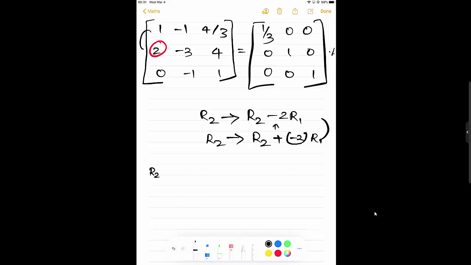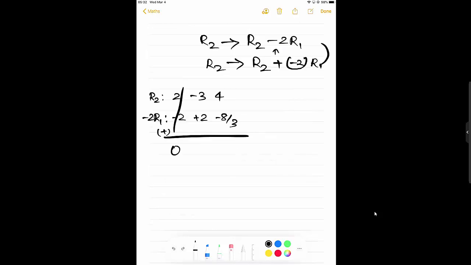So R2 means 2 minus 3, 4 minus 2R1, that is multiplying with minus 2 to the first row, then minus 2 plus 2, then minus 8 by 3. So you're going to do the addition. First value will be 0, minus 3 plus 2 is minus 1, 4 minus 8 by 3, you will get 4 by 3.